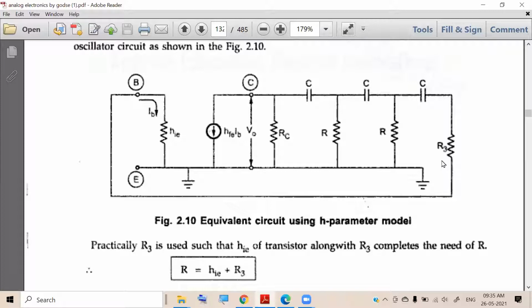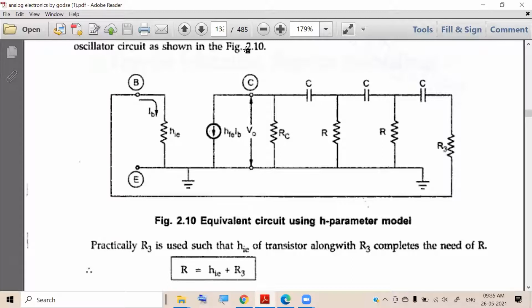Further, we can use source transformation here. What does source transformation tell? I have told you this so many times. A current source in parallel with a resistance can be represented by a voltage source in series with a resistance.